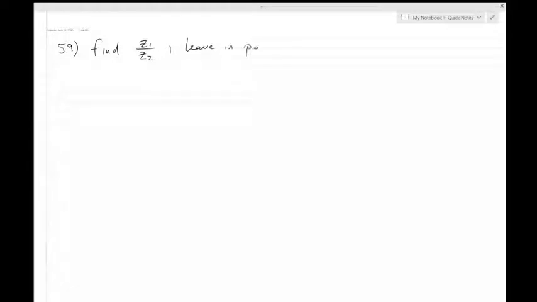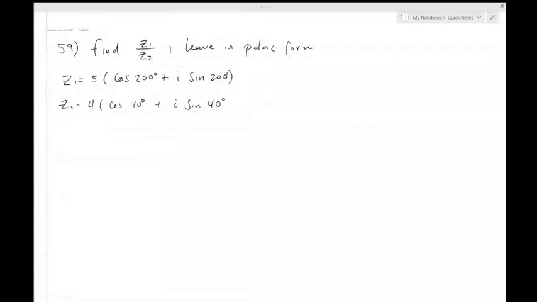Okay, so z1 is given as 5 times cosine of 200 degrees plus I sine of 200 degrees. z2 is 4 times cosine of 40 plus I sine of 40 degrees. Correction. It is 50 degrees for z2.